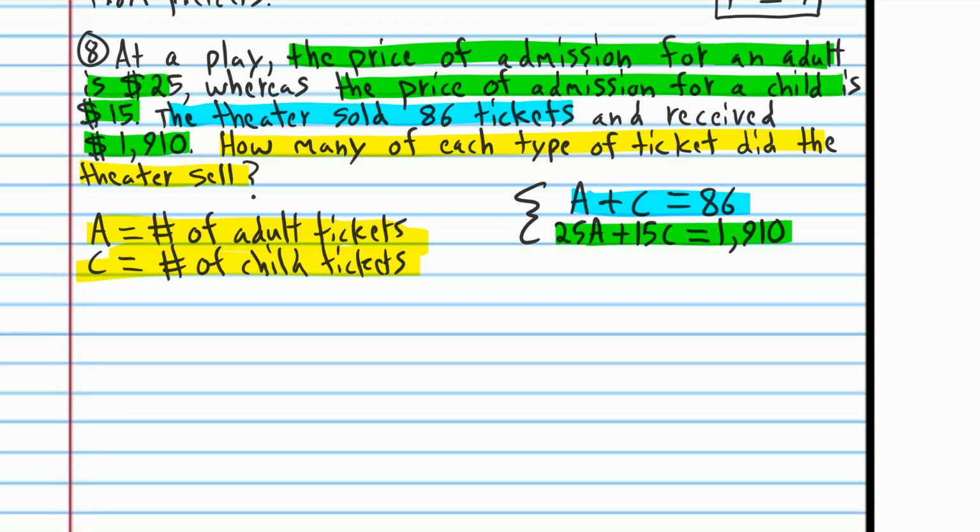If you're selling tickets and you're selling 2 types of tickets and there's a different price, you know how to figure out how much money you're making. It's not difficult to understand. When you put a number next to a letter, that's multiplication. So number of adult tickets times 25, because it's $25 for each adult ticket. Number of child tickets times 15, because it's $15 for each child ticket. You add all that money up and you get the total amount of money that was taken in. I know that's a lot to think about, but it's just common sense.